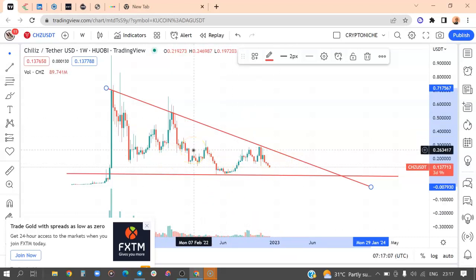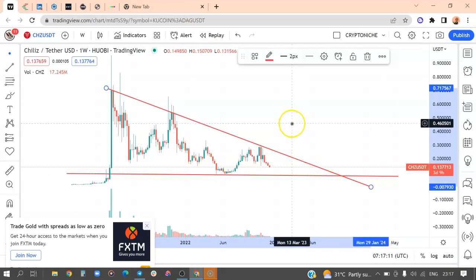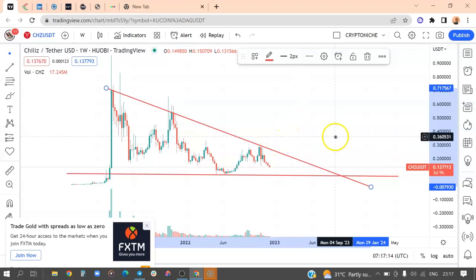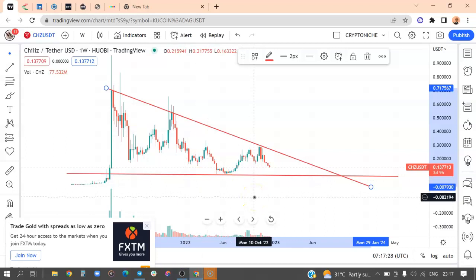But I'm going to be making this analysis in a way that we can trade this on a lower time frame. I just wanted to give you guys a sort of bird's-eye view. When you see an eagle flying at a high altitude, the bird can see almost everything at a very long radius.